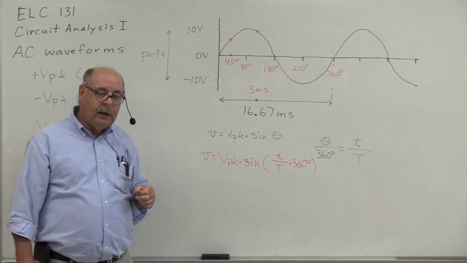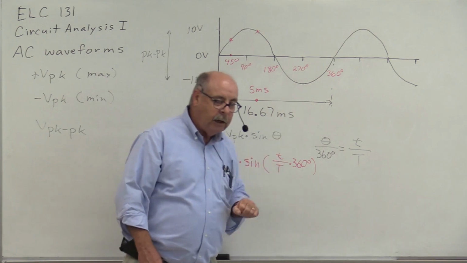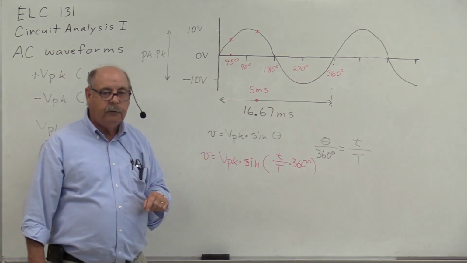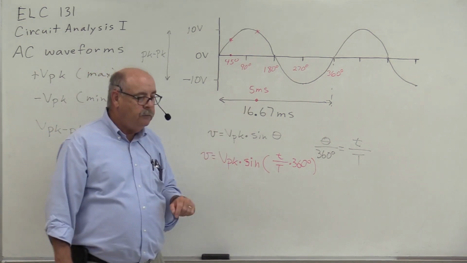And this instant in time can either be an angular distance through one cycle, or it can be a time through one cycle, given the time of one cycle.